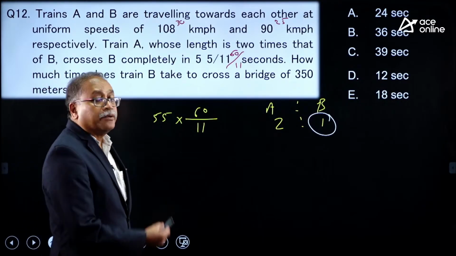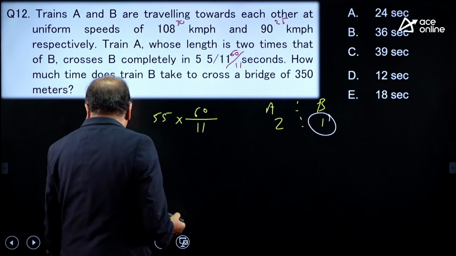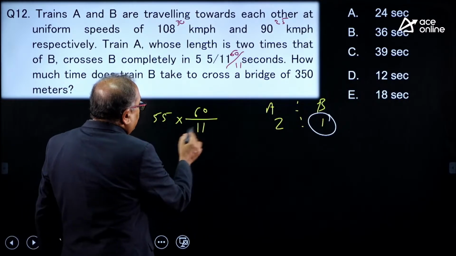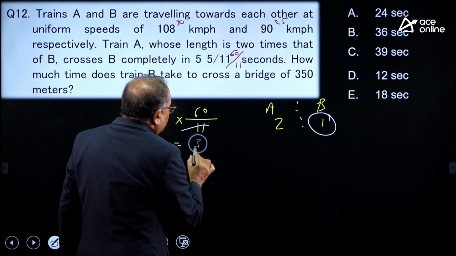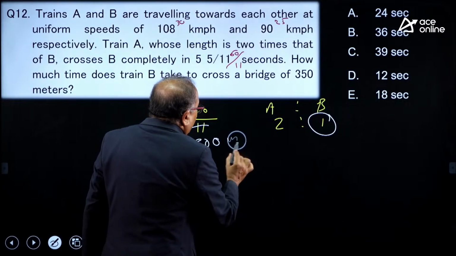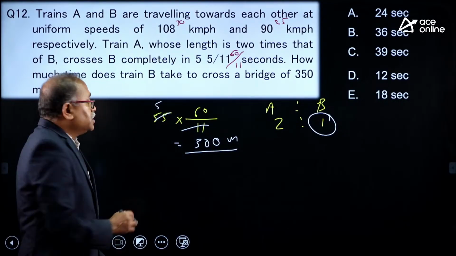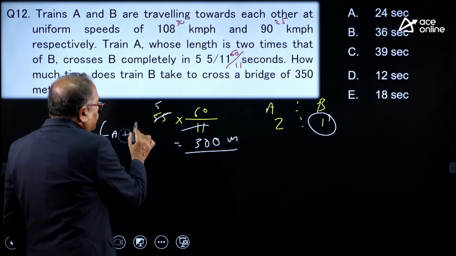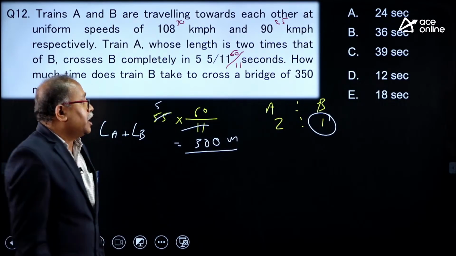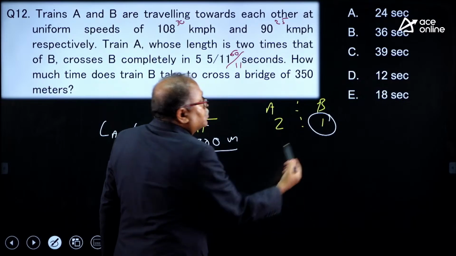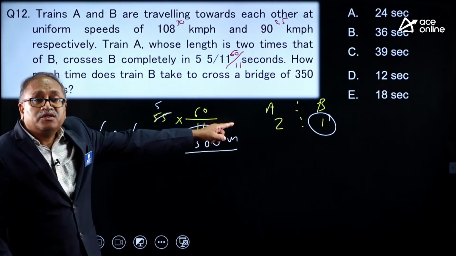So, what is the total distance here? Let me write down the total distance, as it is getting cancelled by 5 times, 5, 6, 30. So, the total distance is 300 meter, and this is nothing but the length of train A plus the length of train B, 300 meter. Now, I know the ratio of their lengths, so I can find B's length.